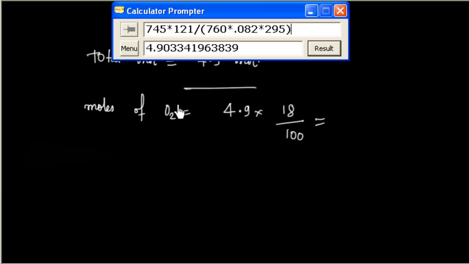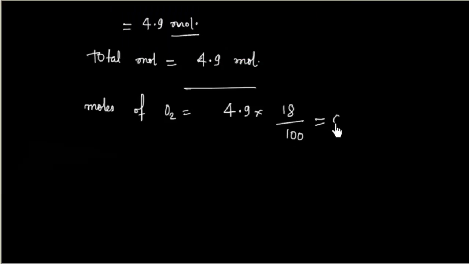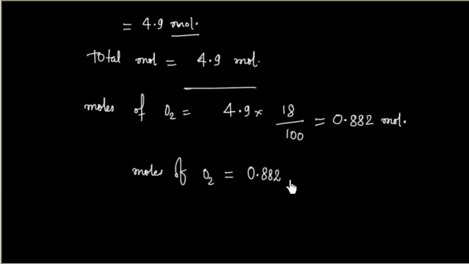So this is 4.9 into 18 divided by 100, which is 0.882 mole. So the moles of oxygen needed is 0.882 moles.